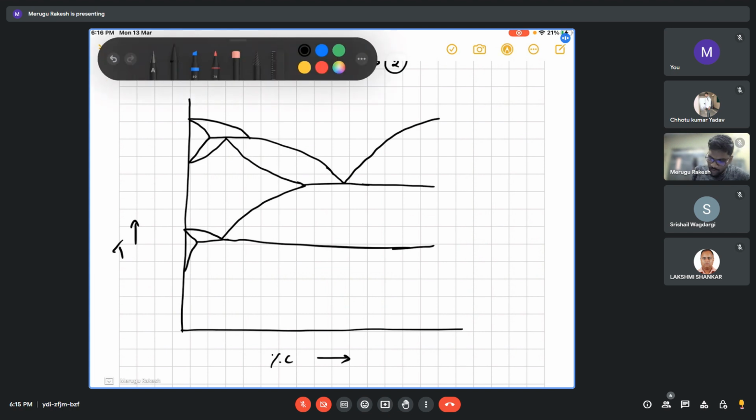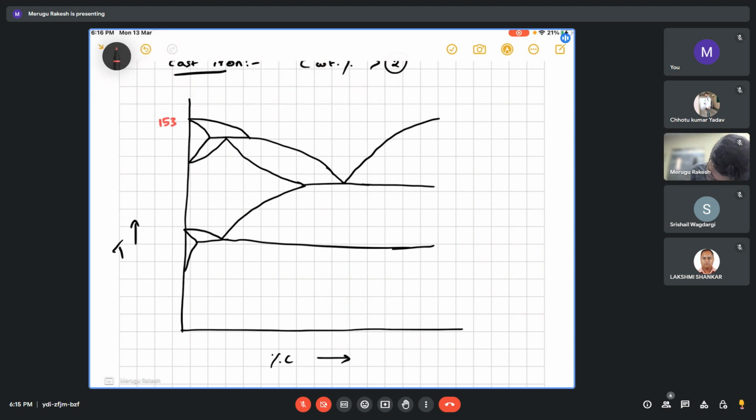So I will write the temperatures as well. We have around 1539 degrees Celsius, then the 1135 degrees Celsius line, and this is the 725 degrees line. Does anyone remember what this point is, the red point?